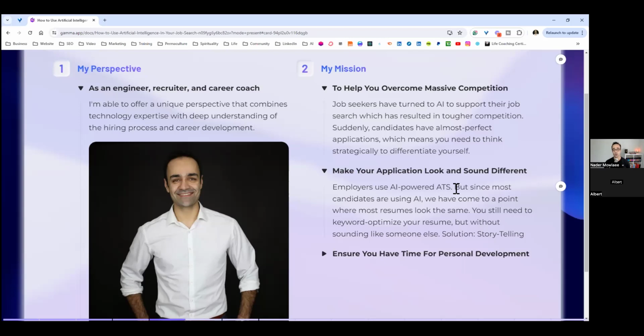And the solution is storytelling. You need to explain how you utilize your skills. You need to explain where you worked, what you did, how you did it, and what happened at the end. Even what you learned from that experience, you need to be able to communicate effectively, because AI is smarter than the old applicant tracking system and is able to read stories.